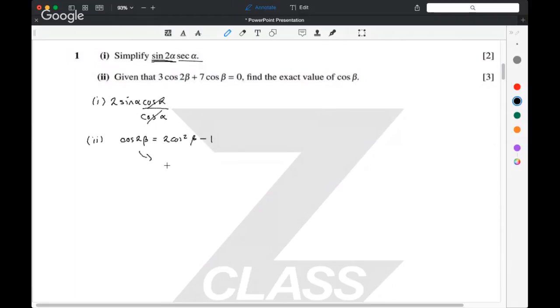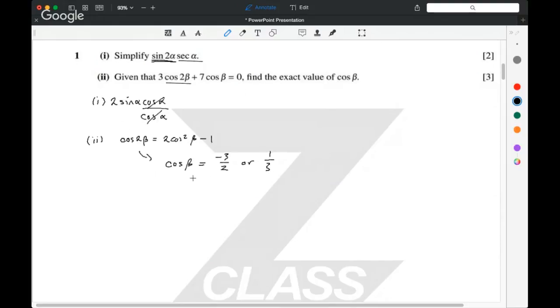Plug that into the equation, and you'll get a quadratic in cosine. So it'll be cosine squared, some cosine, and so on. You solve for cosine of beta, not beta itself. And what you'll find is that cosine of beta is equal to minus 3/2 or 1/3. Two answers as usual.